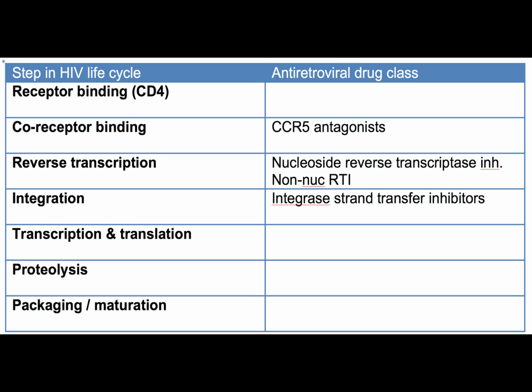Do I get points for being able to do this at the same time, typing and talking? I hope so. Transcription and translation. That would kill people, so we won't do that. Proteolysis, though, we got covered. We have protease inhibitors. And then packaging and maturation has been something that a lot of drug companies are developing, and give it time. We'll be there.